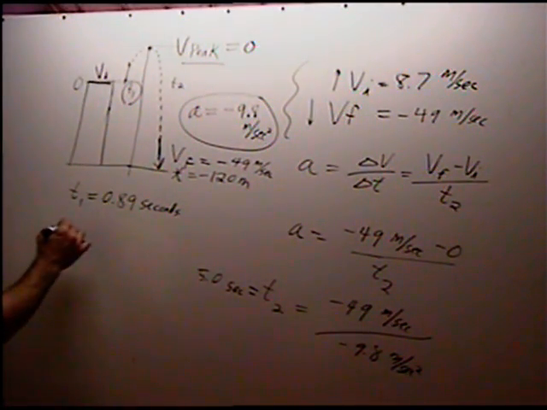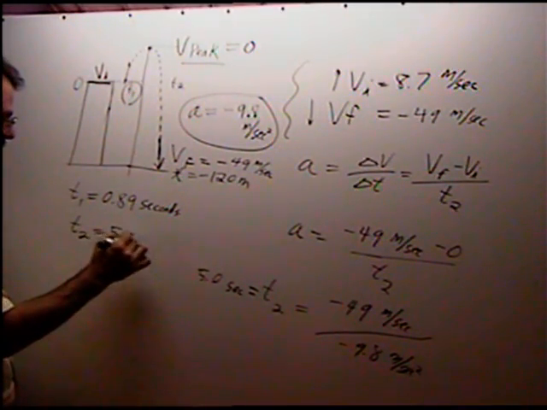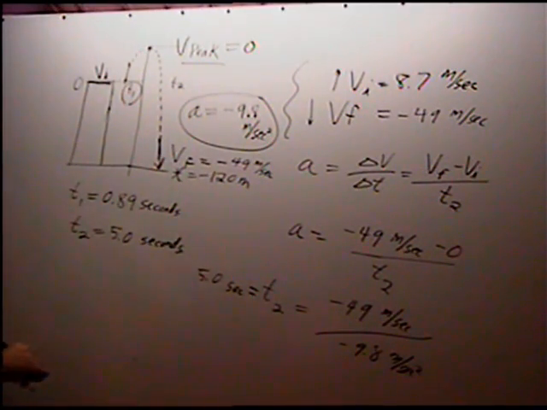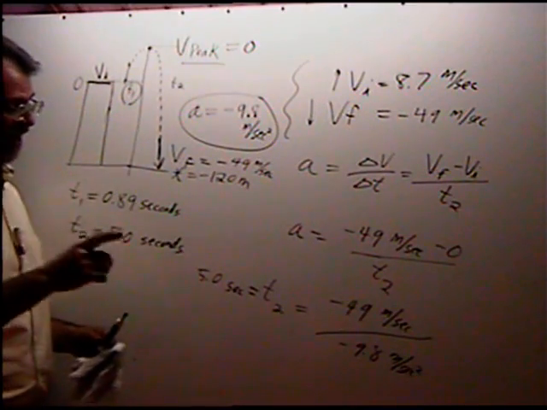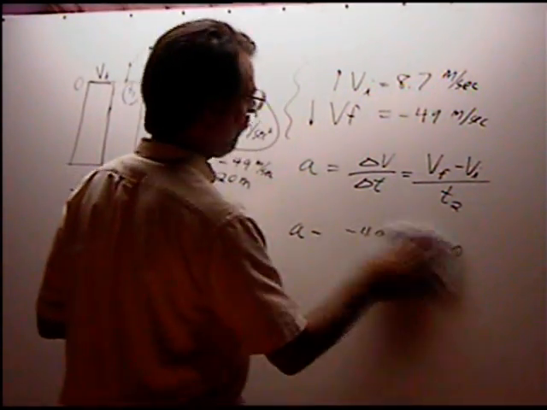So T2 equals 5.0 seconds. Okay? So I'm going to draw a picture that will help to explain this.